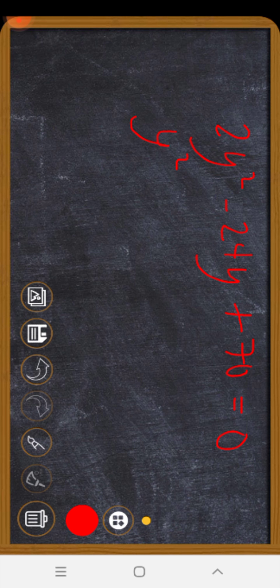Dividing by 2, we will get y squared minus 12y plus 35. In this way, we can perform trial and error very easily. What are the factors of 35 that will yield negative 12? Both are negative here.